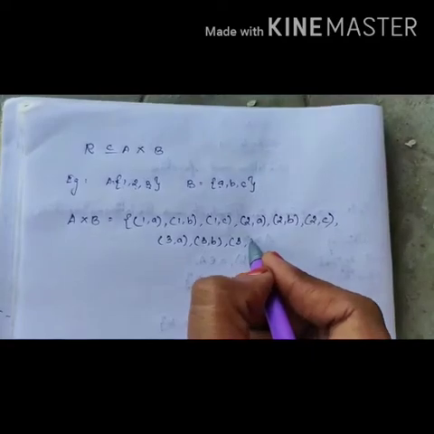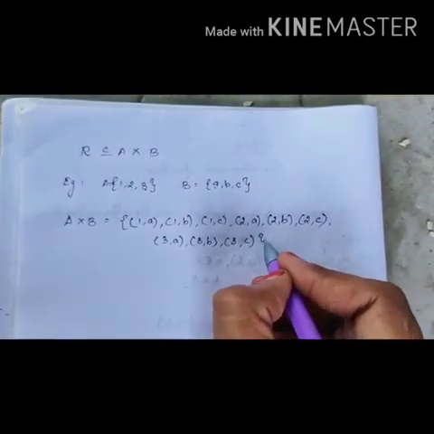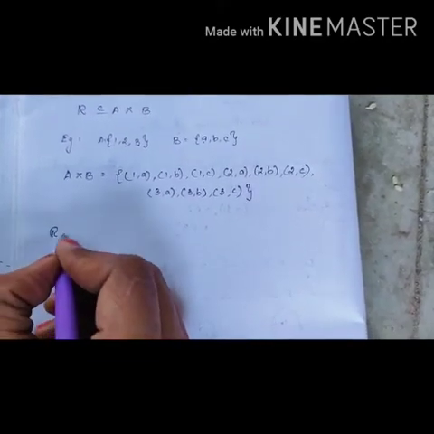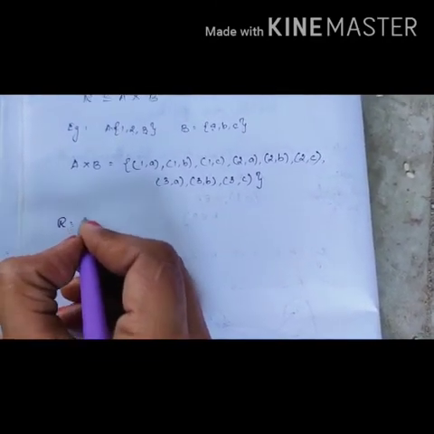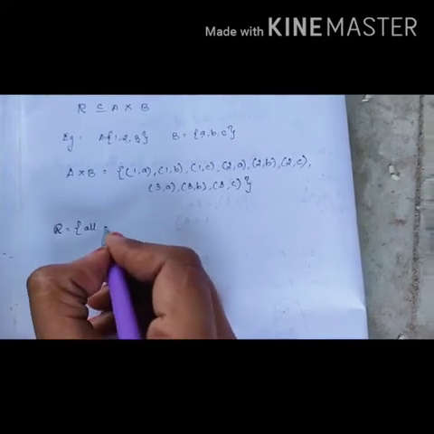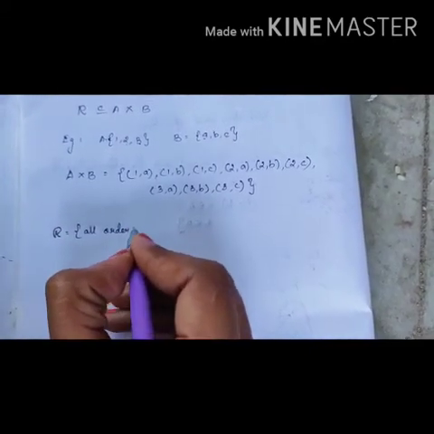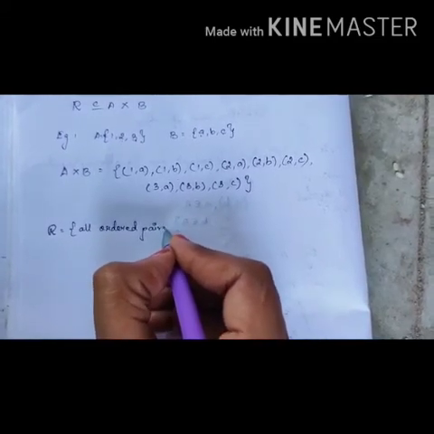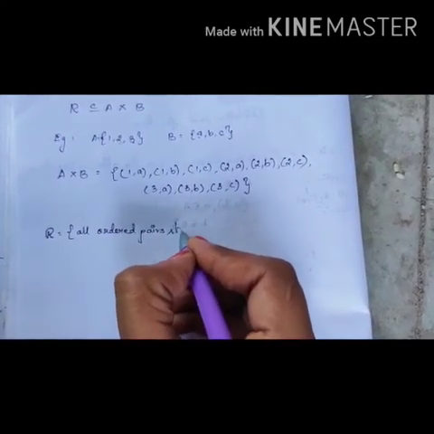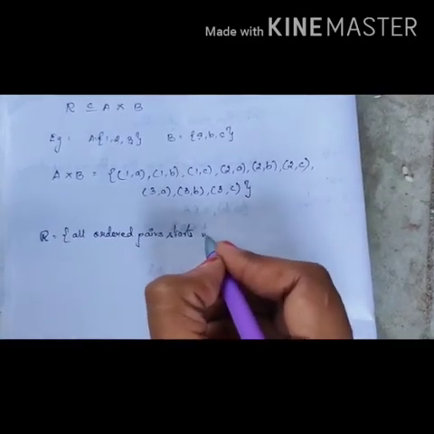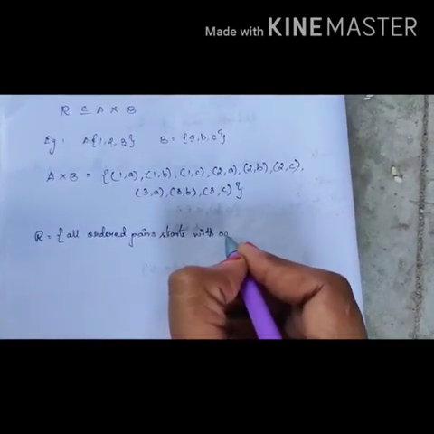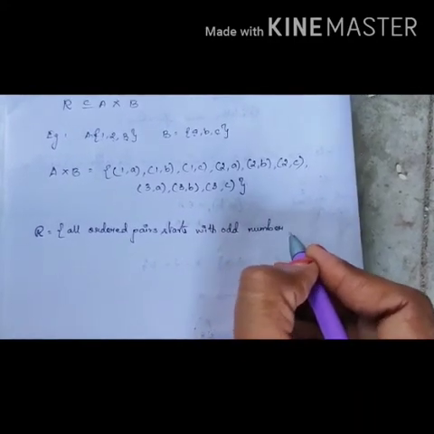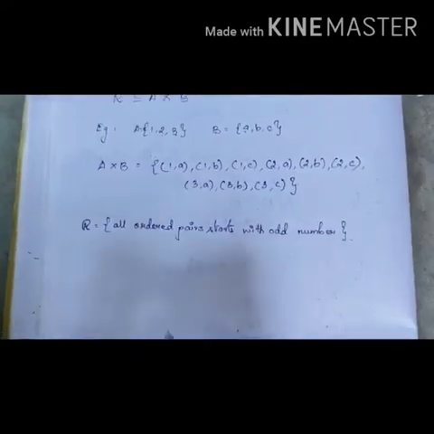Now this is a Cartesian product. Now we are going to give some relation to these two sets. So let us consider a relation where R is equal to all the ordered pairs where the first element, that is the starting element, is an odd number. So this is the relation which we are going to give to these two sets.